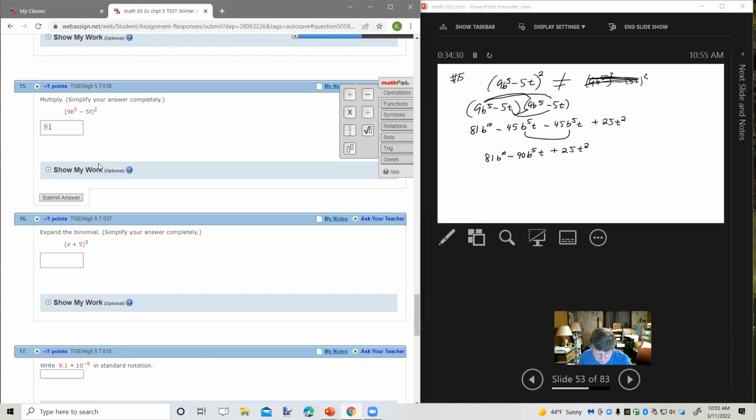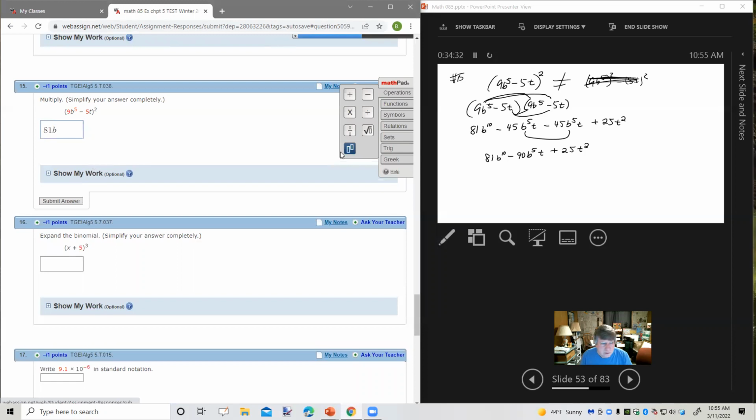81 b to the 10th minus 90 b to the 5th t plus 25 t squared.